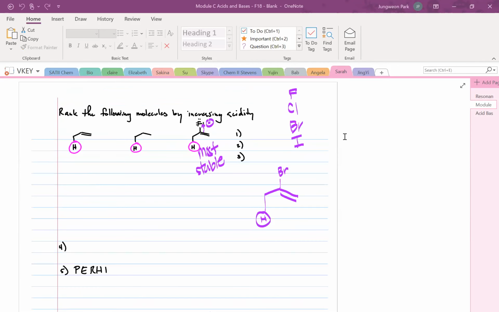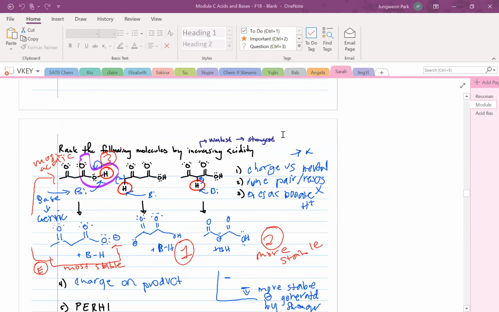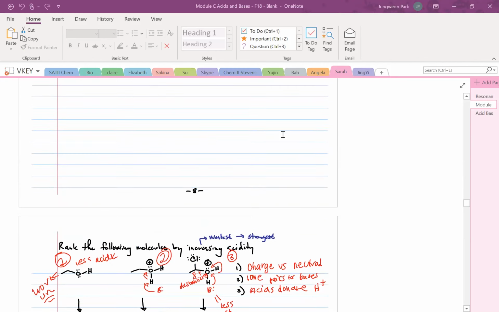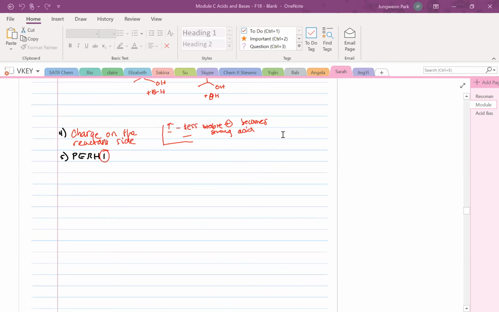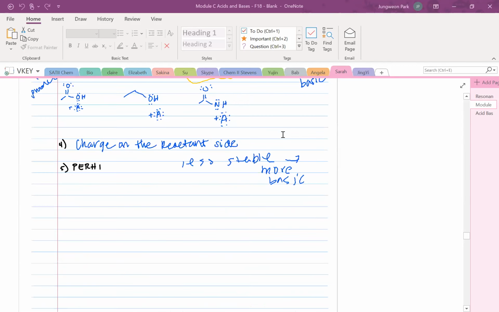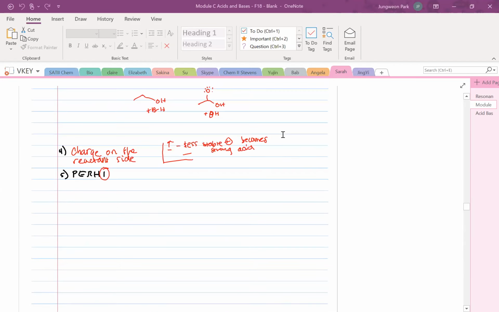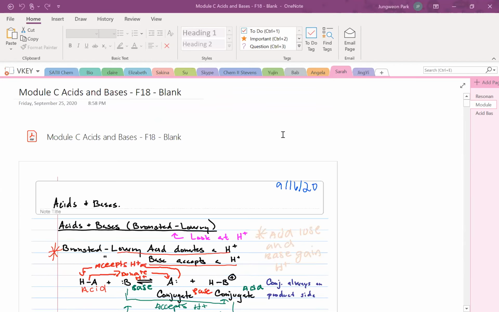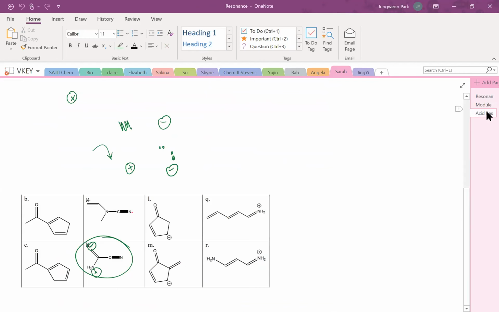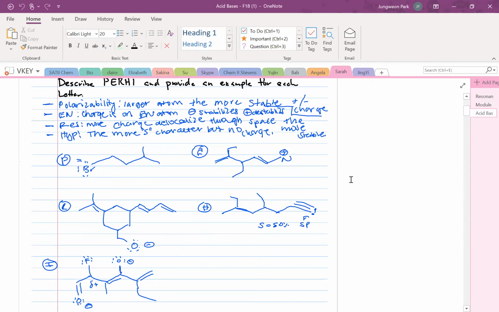I think this was just acid bases, right? These are resonance.